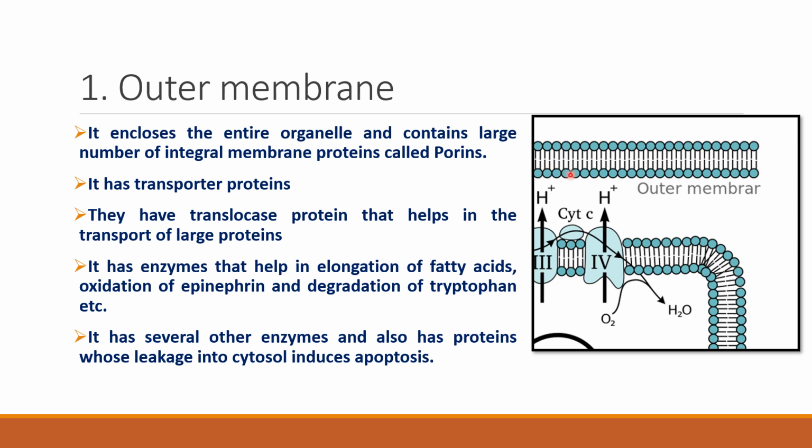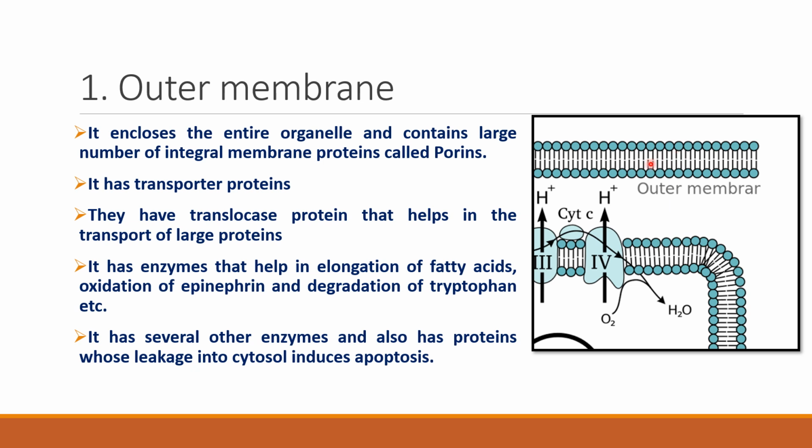This outer membrane also has a translocase protein that helps in the transport of large proteins through signaling. It also has enzymes, and these enzymes help in the elongation of fatty acids, the oxidation of epinephrine, the degradation of tryptophan, etc.